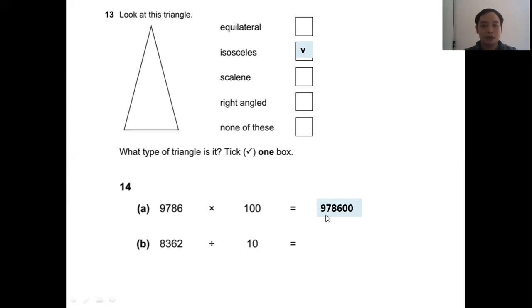So the answer will be 978,600. Okay. For B, when you divide by 10, you move the decimal point one place to the left. So we will have 836.2.